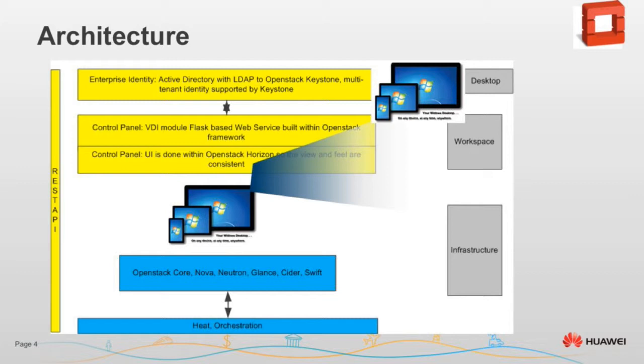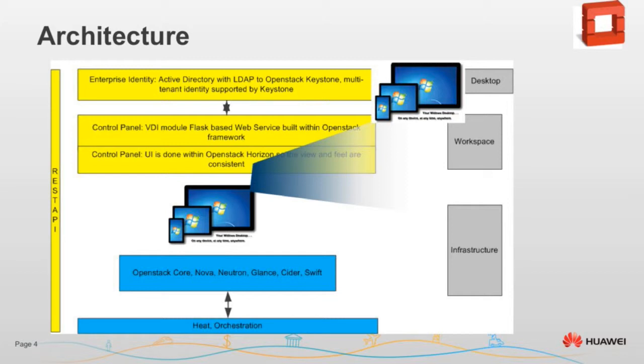The UI, we did a little bit of POC. The UI really has two parts. The control part is now integrated with Horizon, so you can have a little tab.